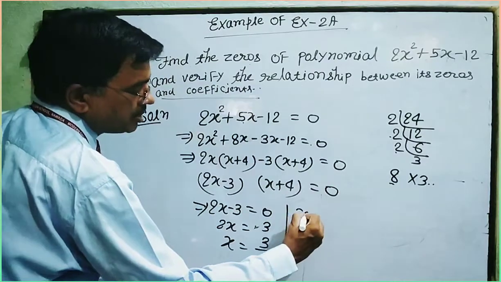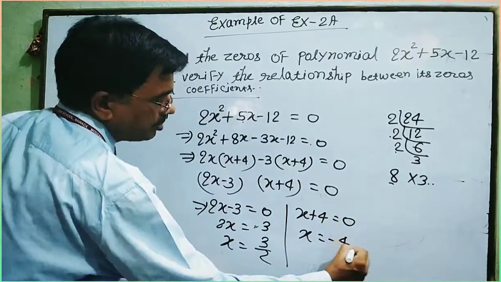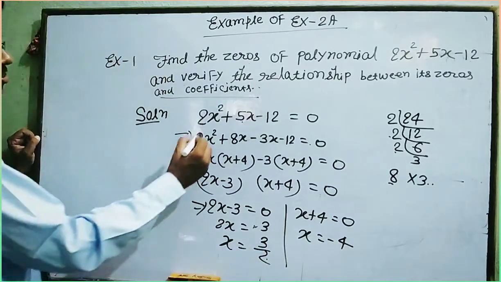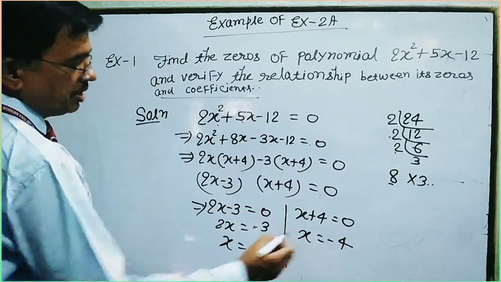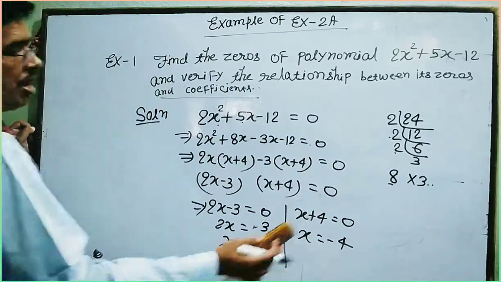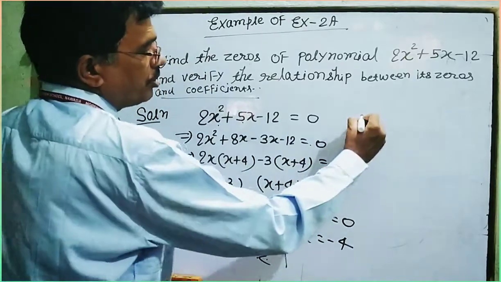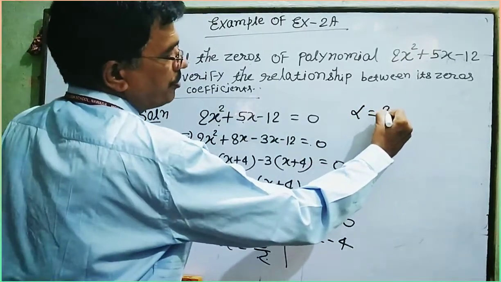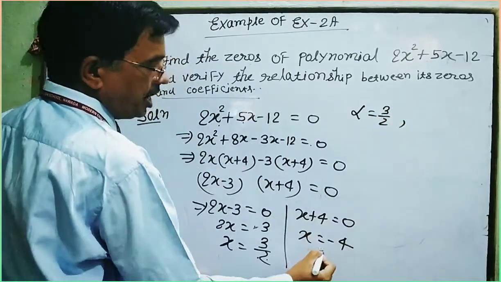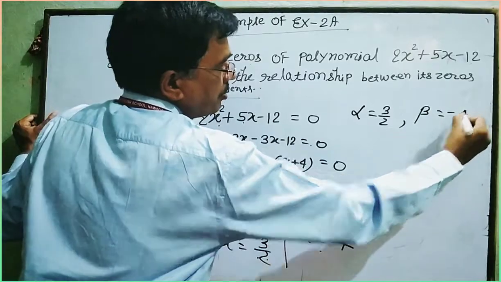Next, x plus 4 is equal to 0, then x is equal to minus 4. There are two values because here is a square and it is quadratic form, so the number of zeros is 2. One is called alpha, another is called beta. So you write one zero alpha is 3 by 2 and the next, beta, is equal to minus 4.